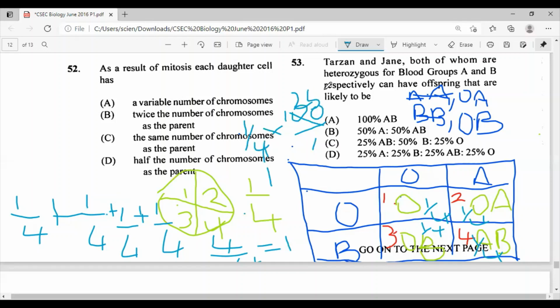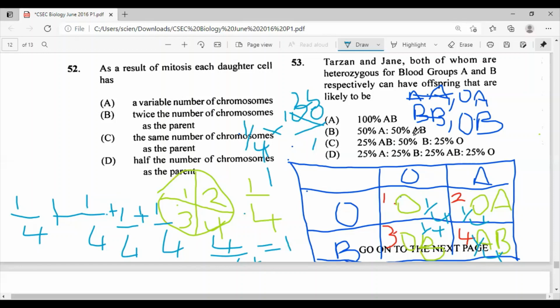So we know that 1/4 now equals 25%. So that's why the answer is D, where we have O being 1/4, which is 25%. Look at the end. AB being 1/4, which is also 25%. Then B, which is OB, being 25%, and then A, which is OA, being 25%.